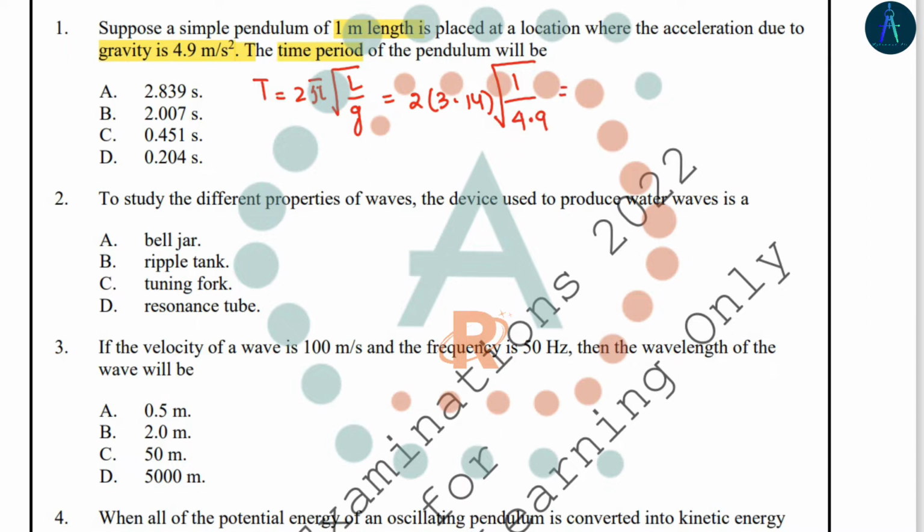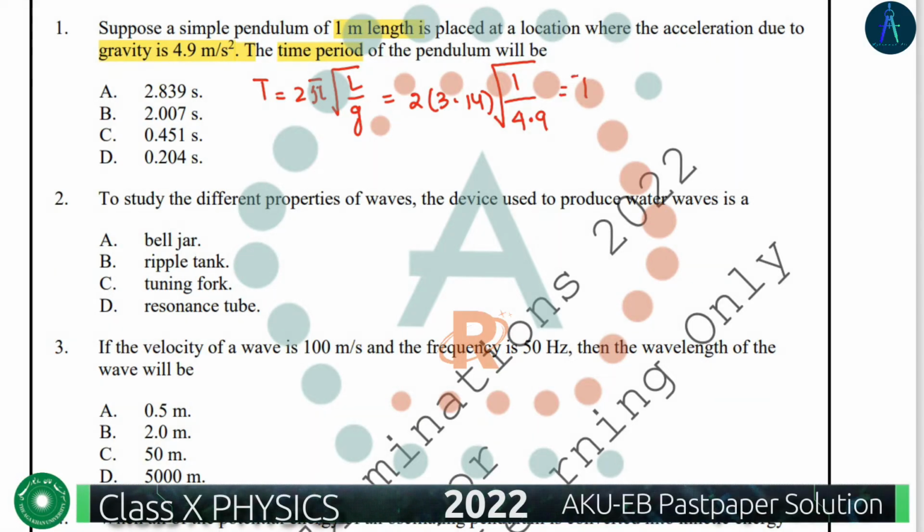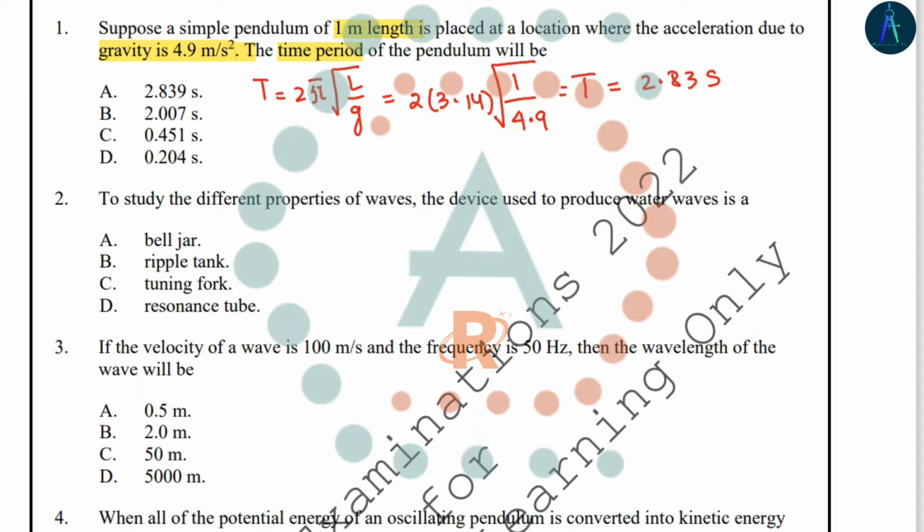We will simplify this expression, and after simplification we will get time period equals 2.83 seconds. So the correct answer for this question would be option A.